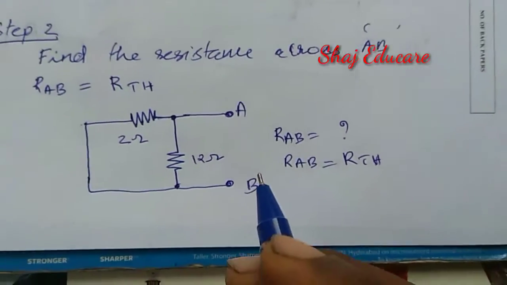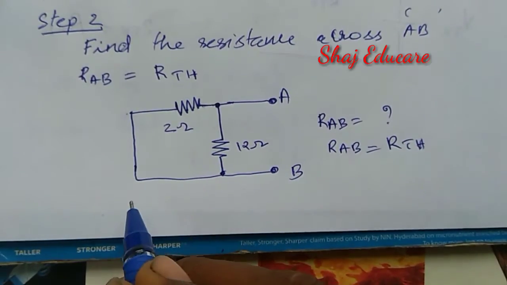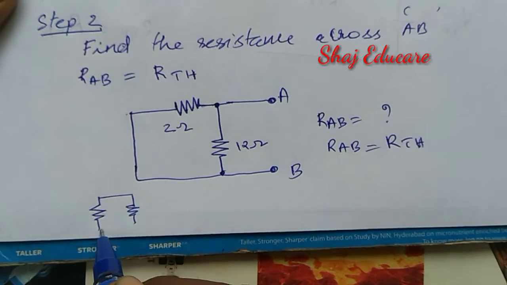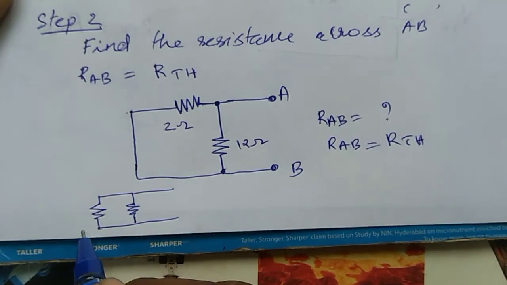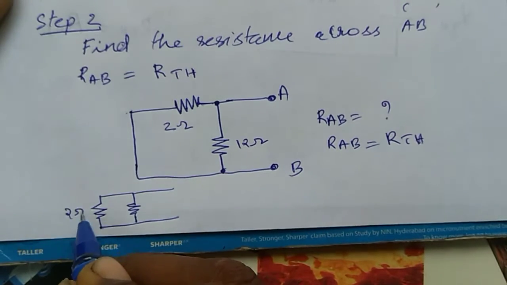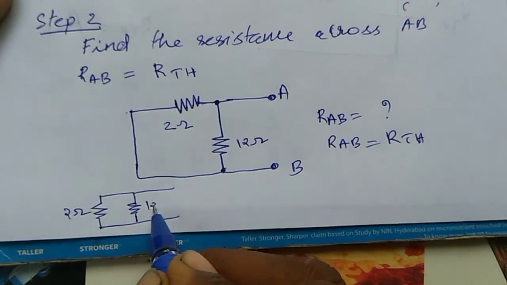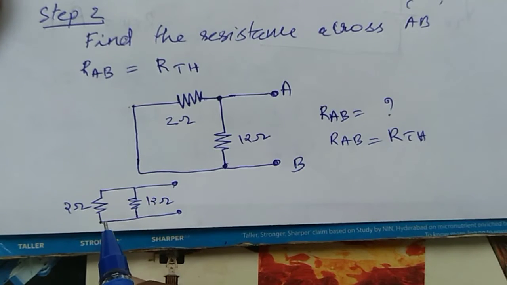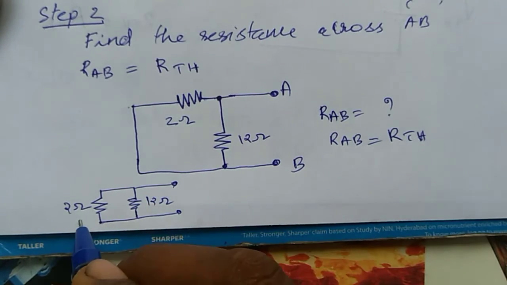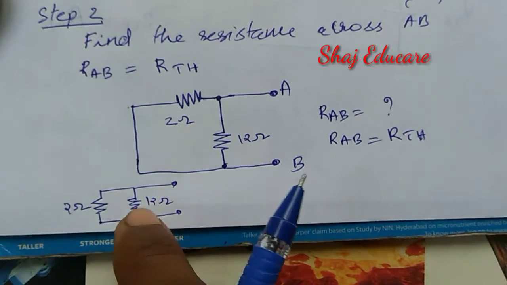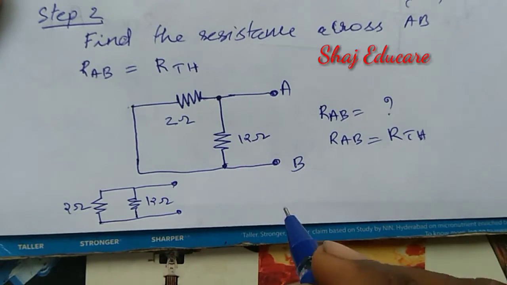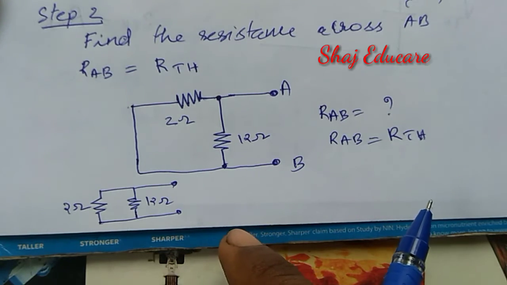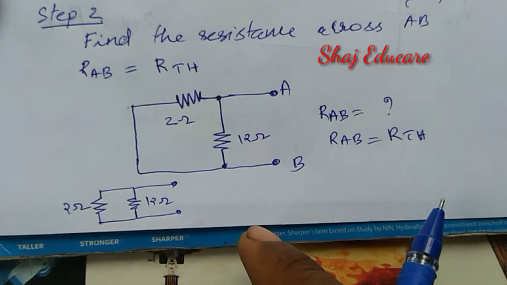So this circuit simply looks like this: the 2 ohm resistance and the 12 ohm resistance. Both circuits are the same. These 12 ohm and 2 ohm resistances are connected in parallel, parallel to each other. Then we know the equation for the equivalent resistance of a parallel circuit.